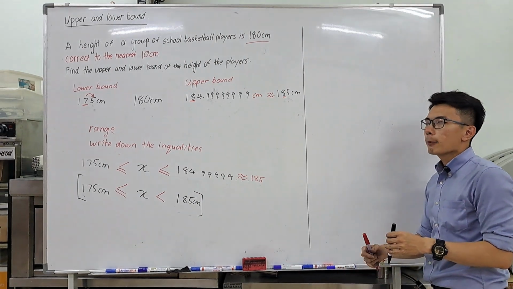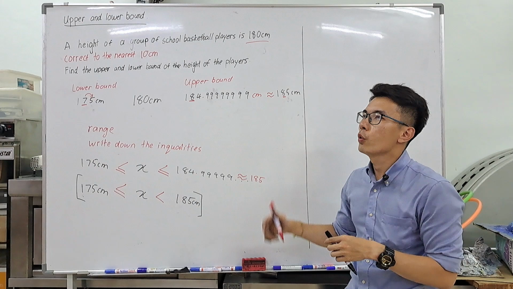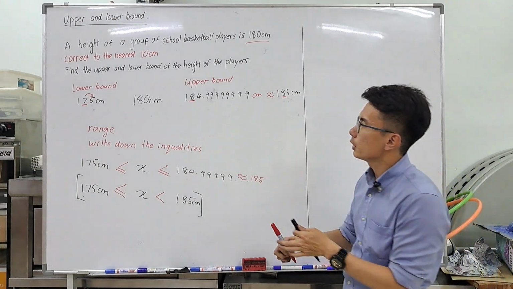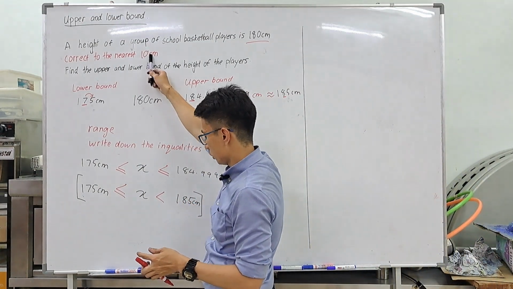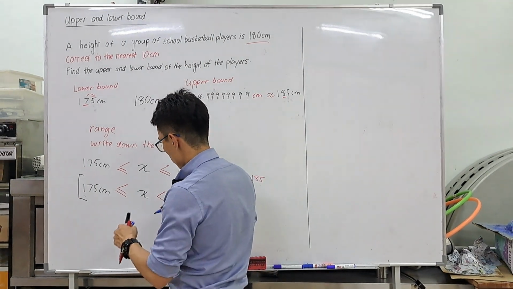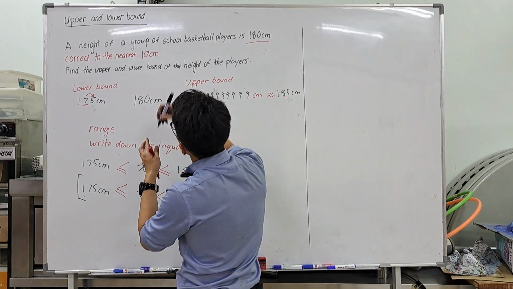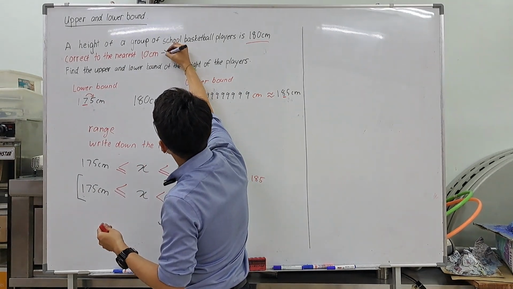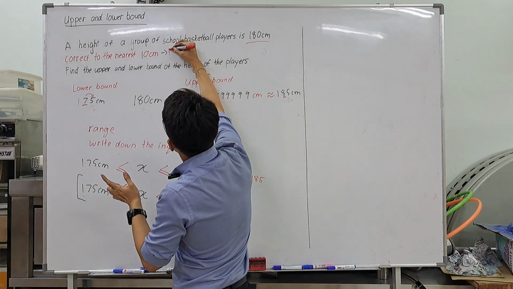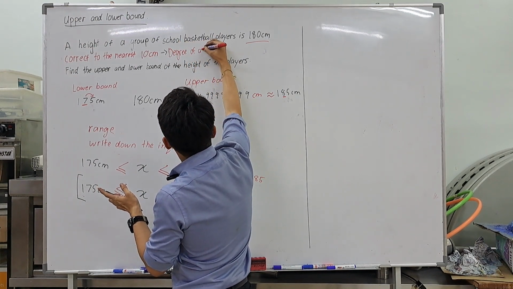Now I'm going to show you a very simple way to find our lower and upper bound by using this over here. I will call this my degree of accuracy.